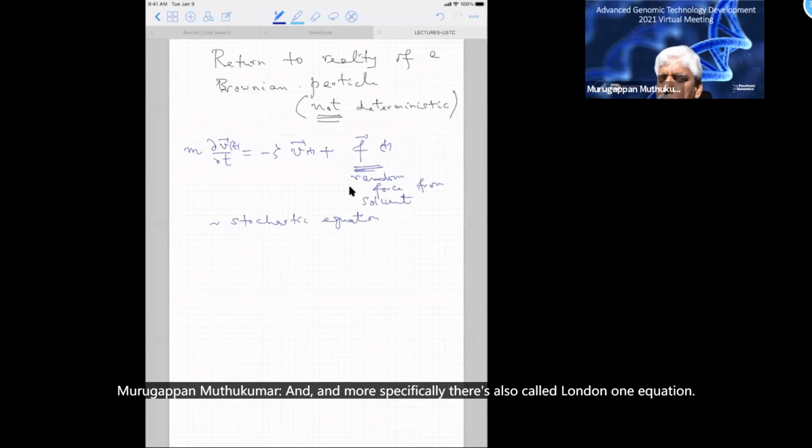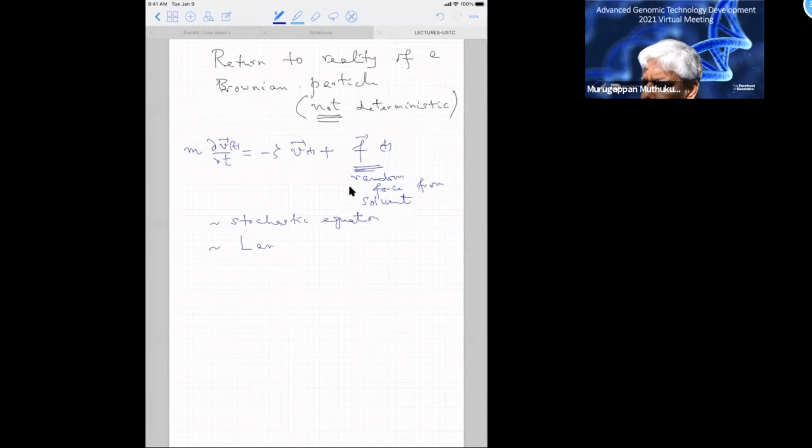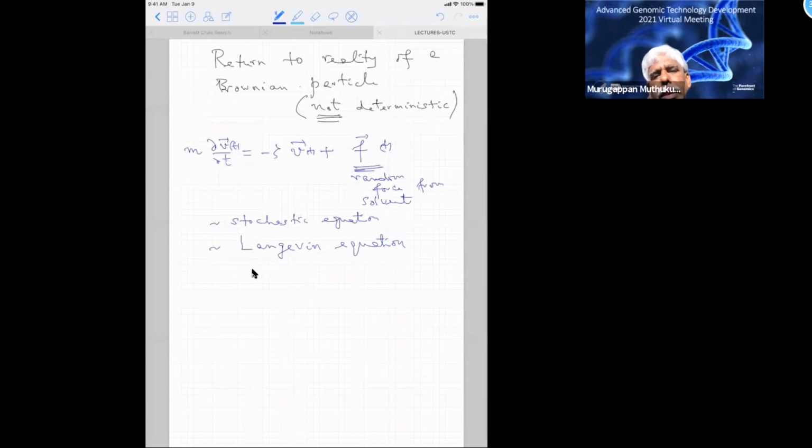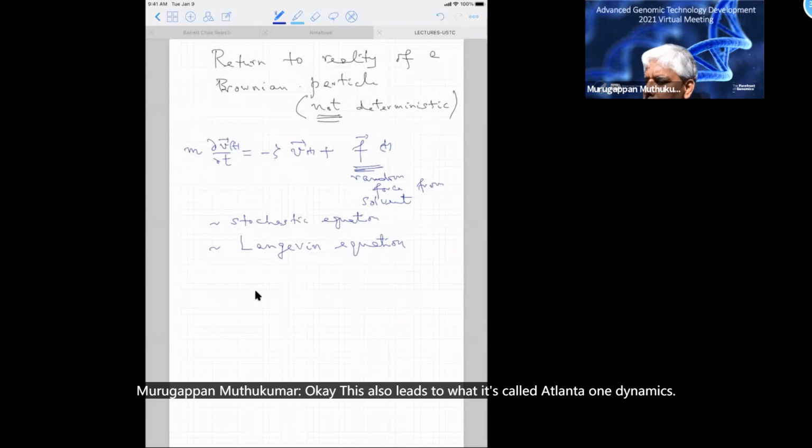More specifically, this is also called the Langevin equation. And if you do a computer simulation to solve this kind of equation, we call that Langevin dynamics.